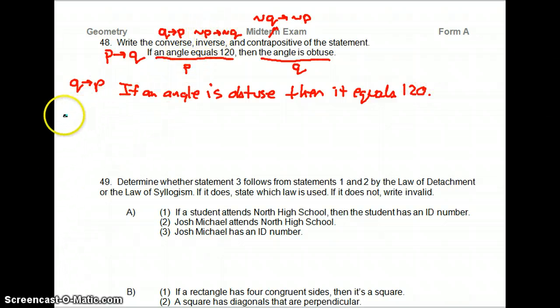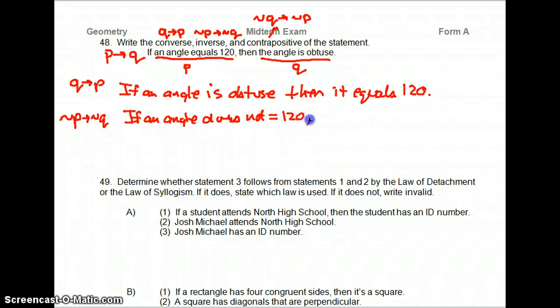The inverse is not P, not Q: if an angle does not equal 120, then it is not obtuse.